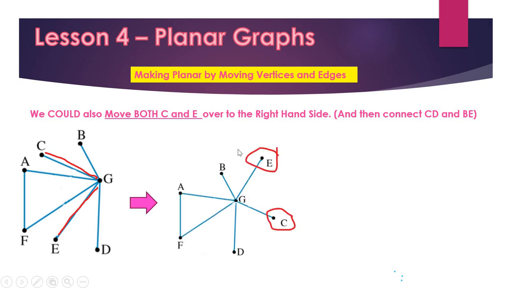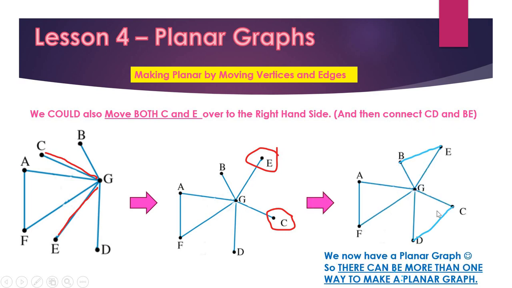So you can move both of them. So we've just flipped C from where it was on the left down to the right, and E was down the bottom on the left, and we put it up the top on the right. And then we can connect together our B, E, and C, D, those two problem connections we had, as triangles with straight lines. Mine aren't too straight because I'm not a great drawer, but that is another way of drawing the planar graph. And it's the exact same graph.